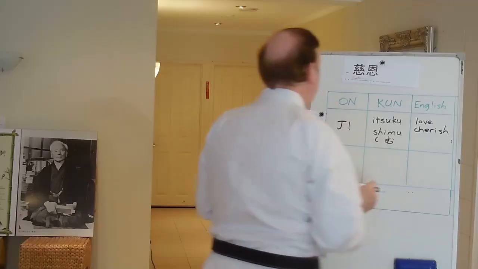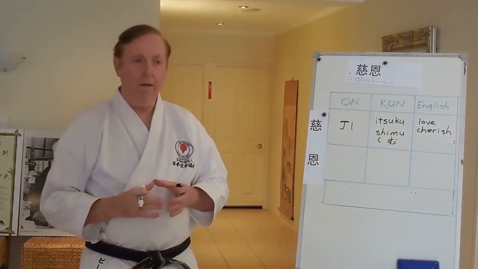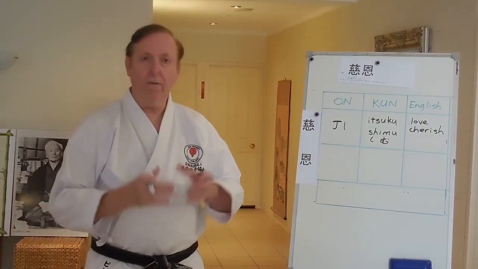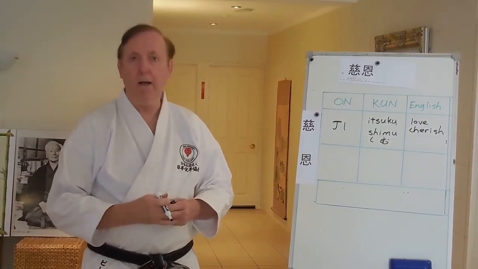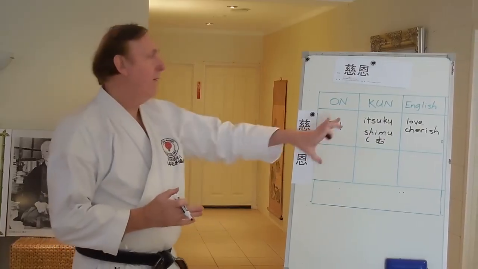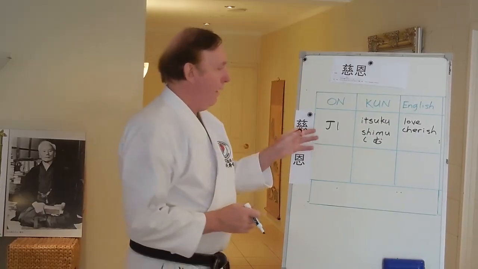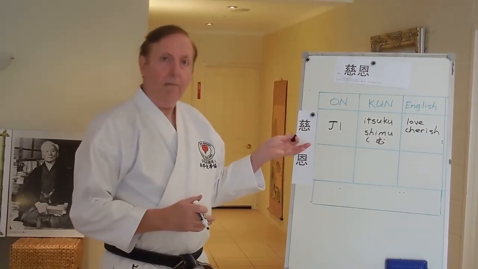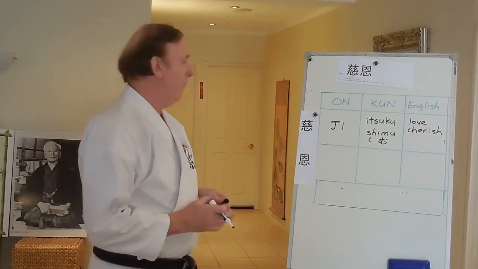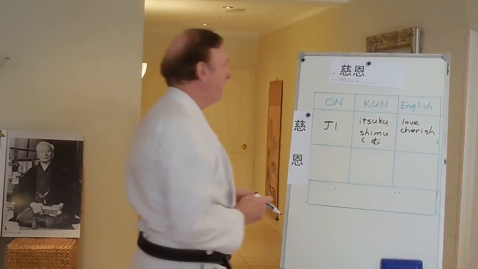So you have to get the idea of perhaps a Buddhist temple, the way that a monk would apply himself. Of course, you think about the Shaolin monks and how they meditate, but they also train in martial arts. So that's the concept here for Ji. I believe this comes from the Ji temple. I'm not exactly sure where it is, but it was somewhere in China. So this is the origin of the term Ji.